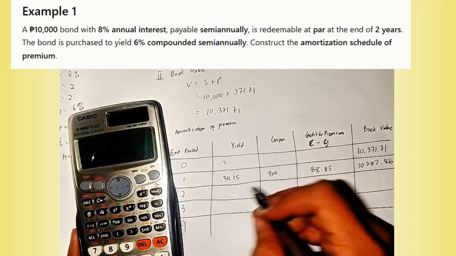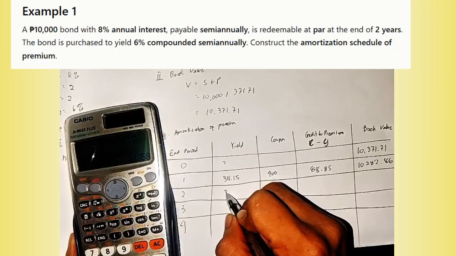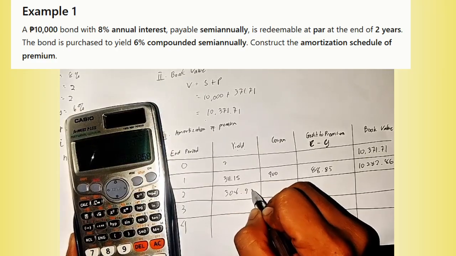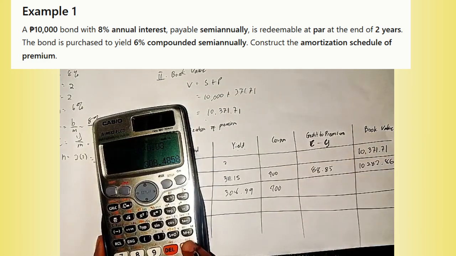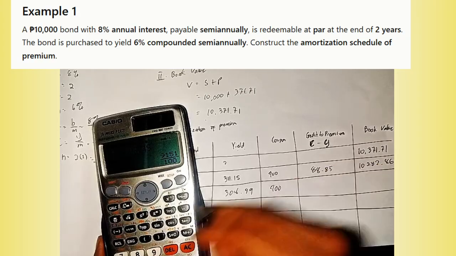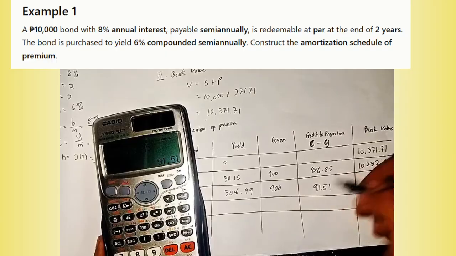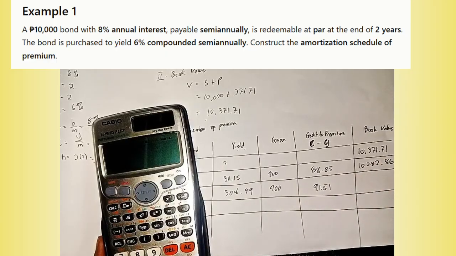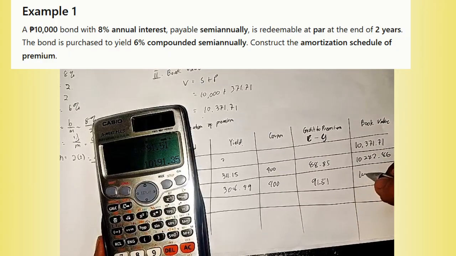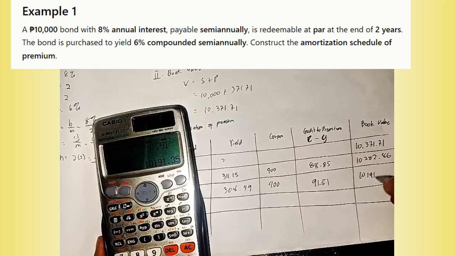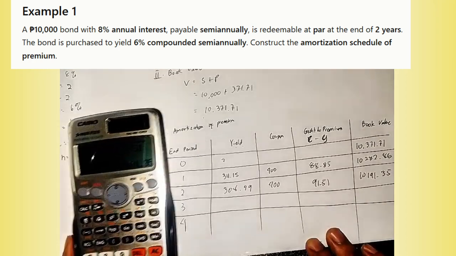This is now our period 2 yield, 308.49. Coupon is still 400, and 400 minus 308.49 is 91.51. To get the new book value, 10,282.86 minus 91.51 is 10,191.35.